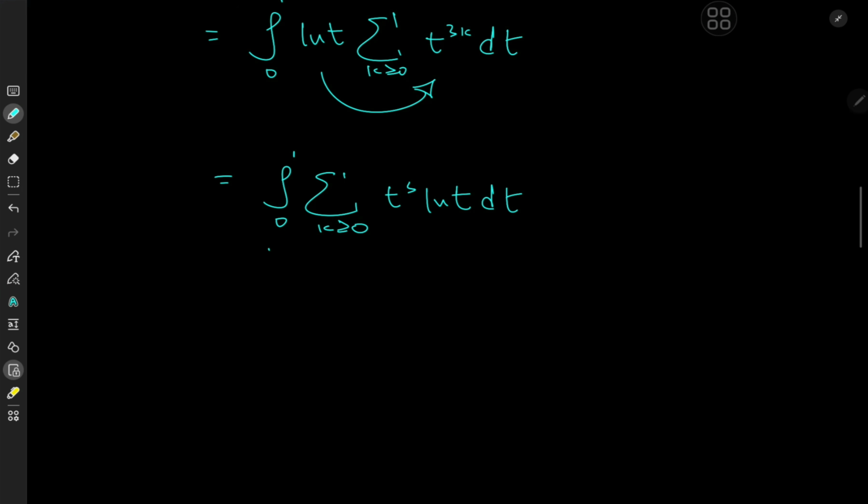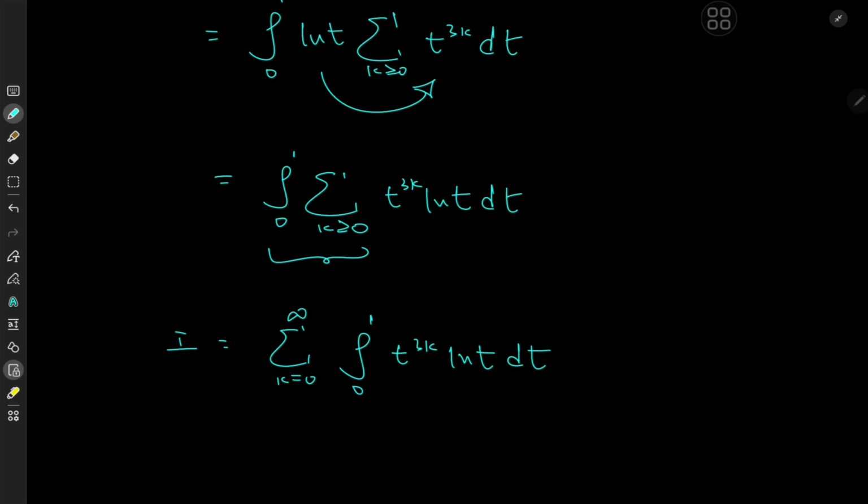We can switch up the order of the integration and summation operators, and finally write I as the sum of a bunch of integrals. So we have the integrals from 0 to 1 of t to the 3k times log t dt. And these integrals are quite easy to evaluate using some integration by parts.